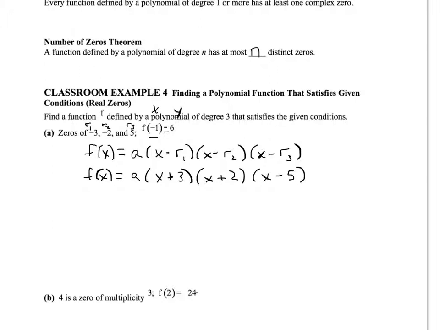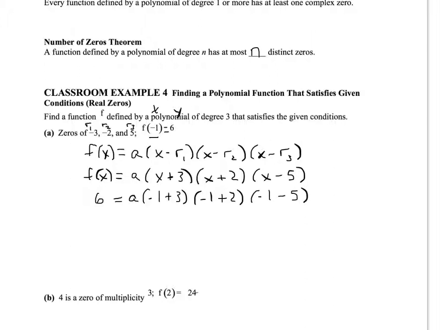We can go back to this function and we will substitute 6 for the f of x because we know the y value is equal to 6. And everywhere I have an x, I'm going to put in that x value of -1. Because I know that when x is -1 on the graph, the y value is 6.